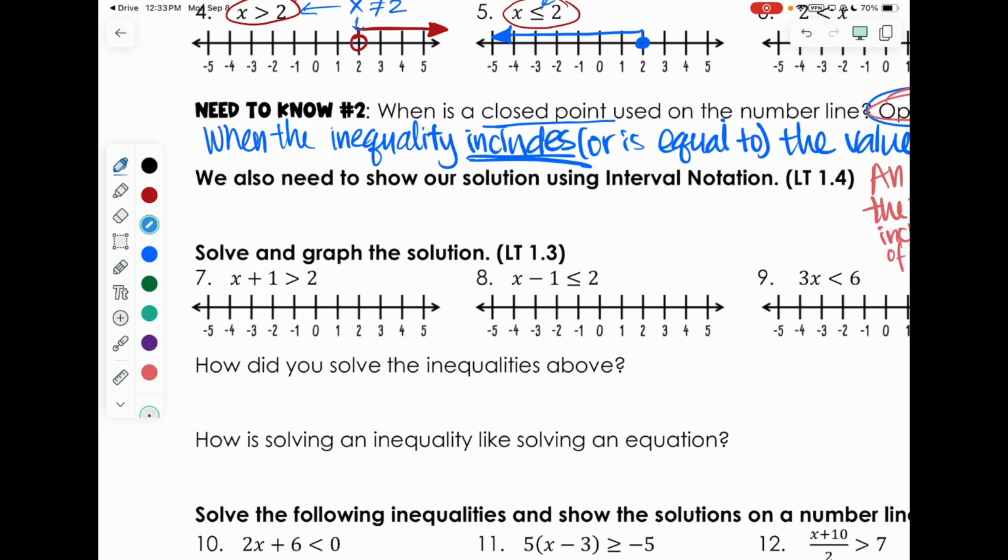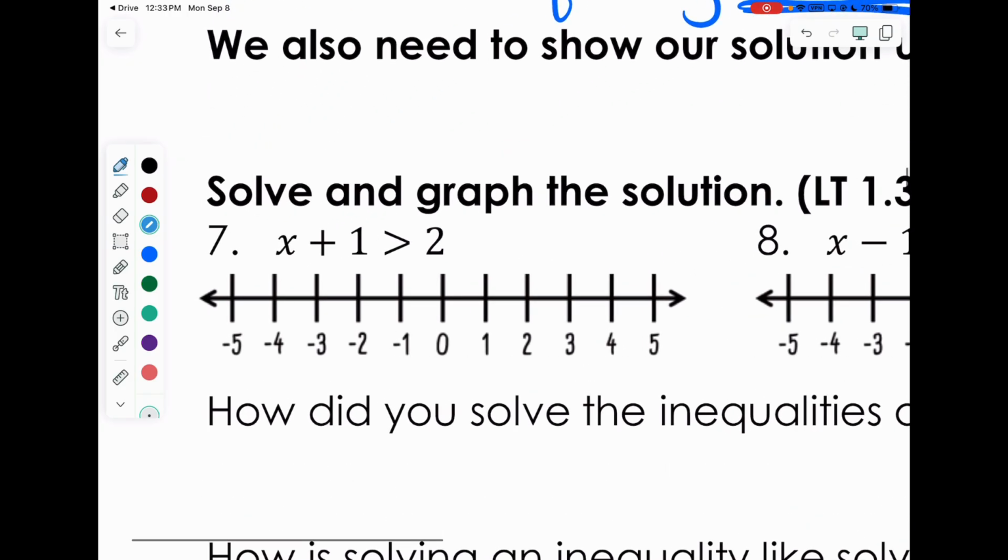I need you to treat this as x plus 1 equals 2, but you're keeping this guy at the end. Does that make sense? Okay.